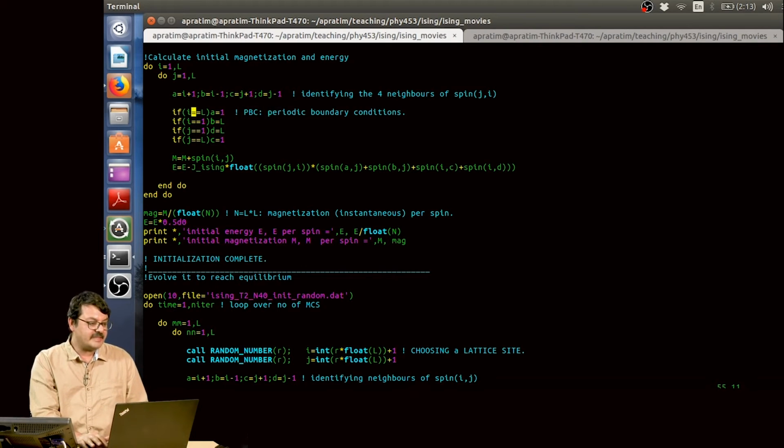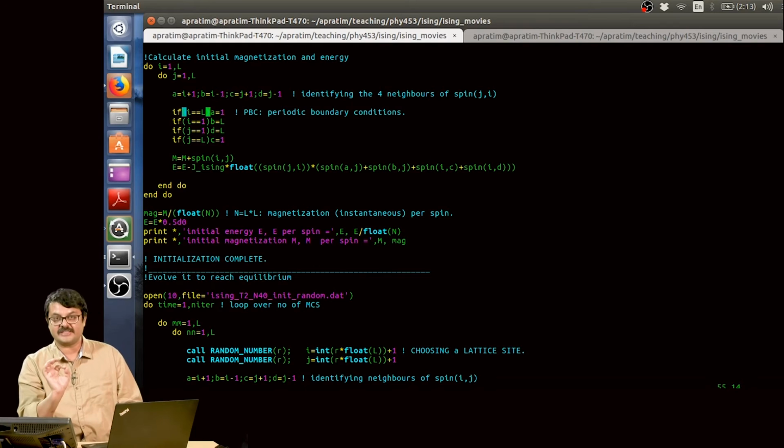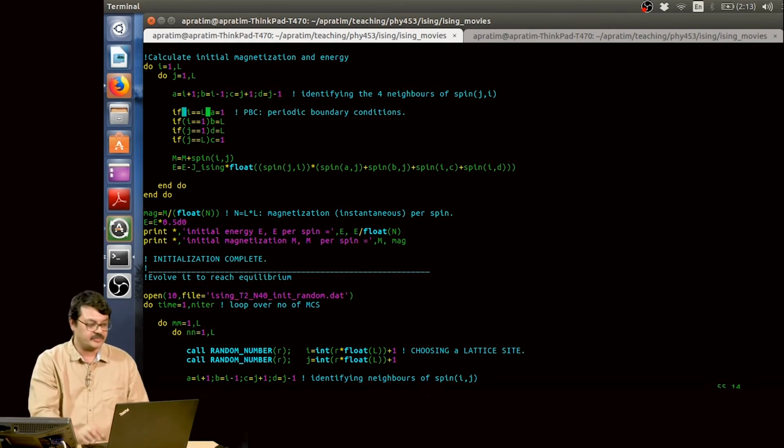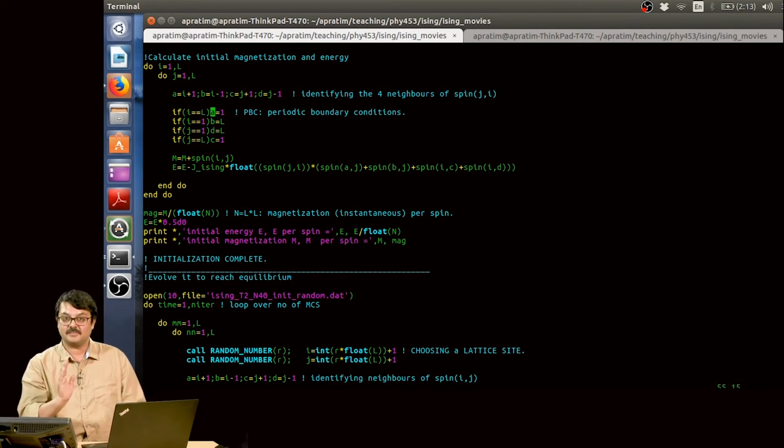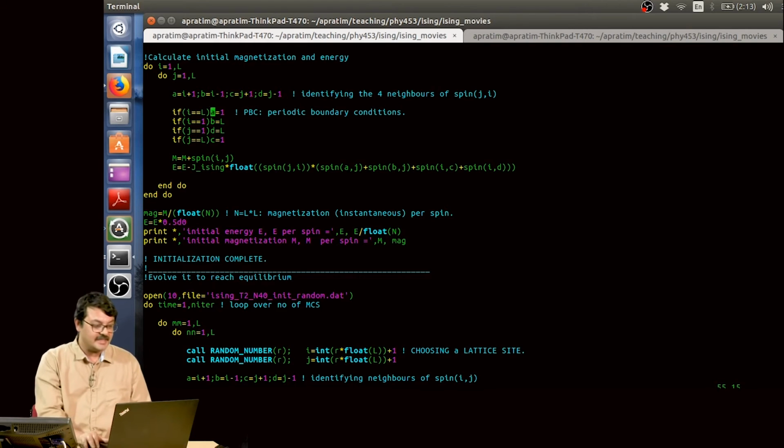And now, if by chance I equal to L, which means the spin under consideration is at the boundary, then its right hand neighbor will be on the other side of the lattice by periodic boundary conditions. That is why I have written if I equal to L, then a, the neighbor on the right hand side, is equal to 1.